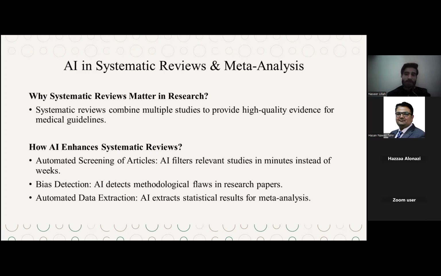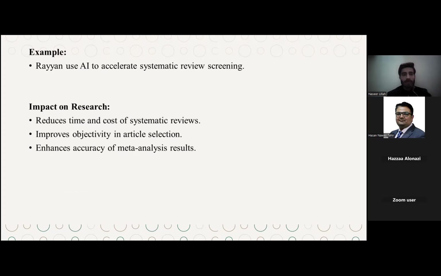Like there are many websites, Semantic Scholar, Connected Papers. Similarly in bias detection, artificial intelligence detects methodological flaws in research papers. Automatic data extraction: AI extracts statistical results from meta-analysis. ChatGPT and Elicit can be used for it.